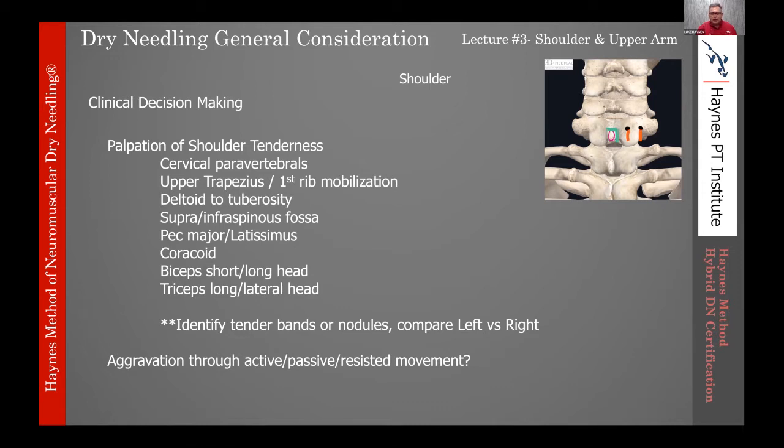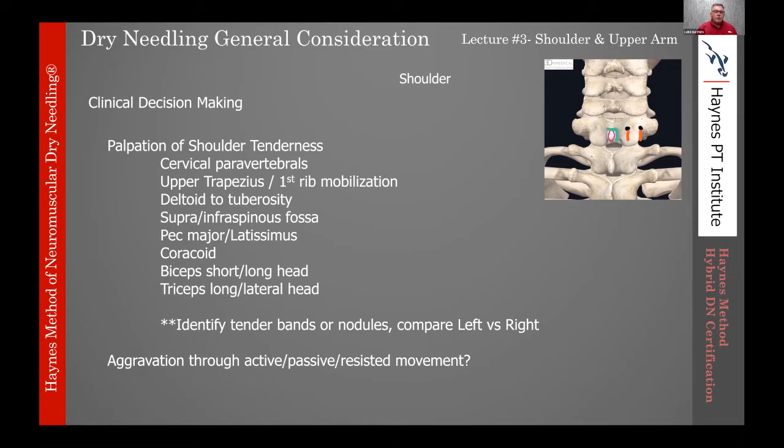You'll just find a general idea of tenderness. Hard to differentiate that from the upper trap, but you can do a little bit of resisted abduction and you can break those two out. Infraspinatus is very common to have tender bands in that muscle belly just distal to the spine of the scapula.